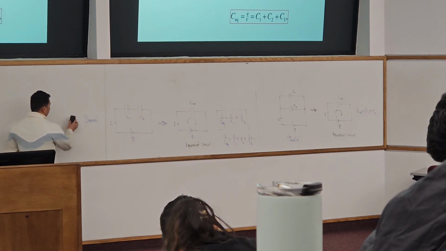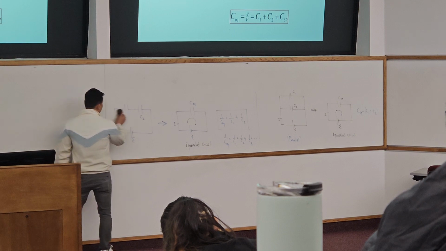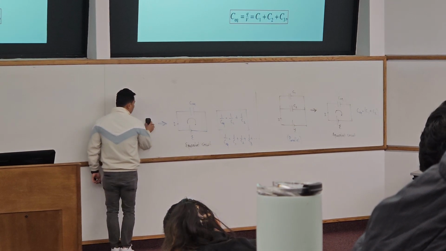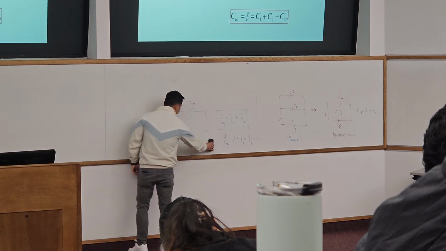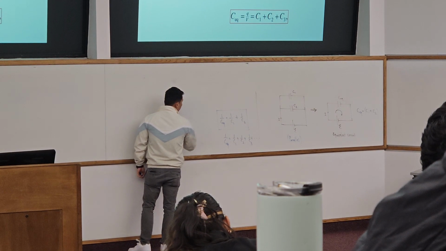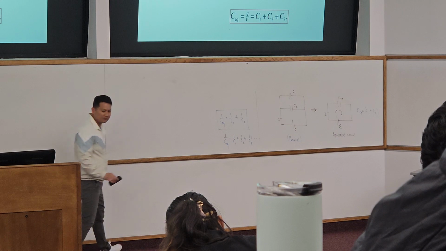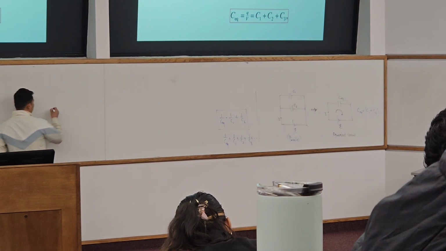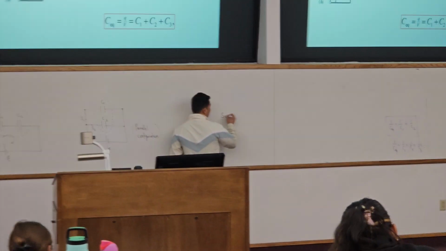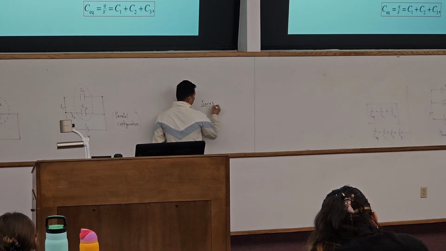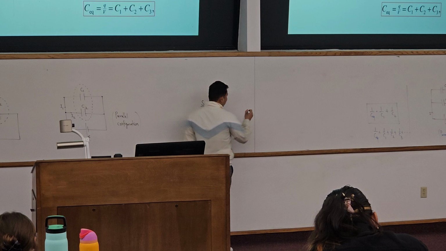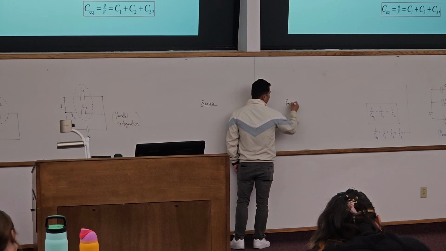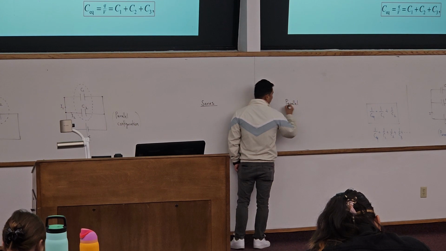So let me list those very important pieces of information over here. Let's say you connect the capacitors in series, and for parallel, these are two different ways to connect.